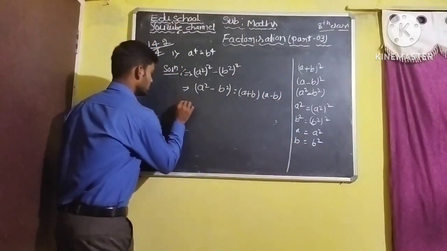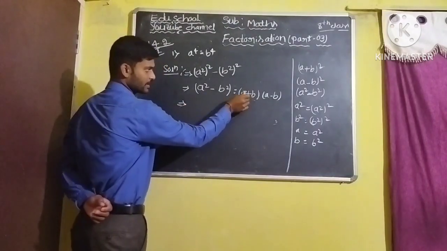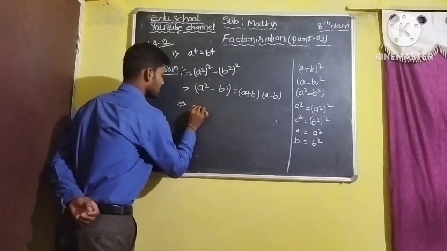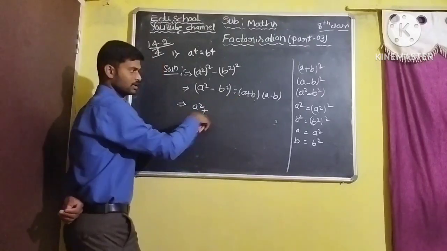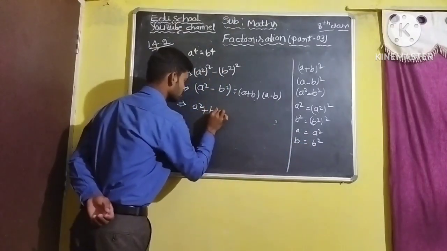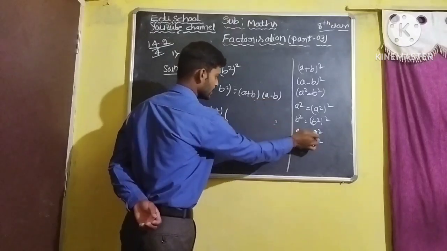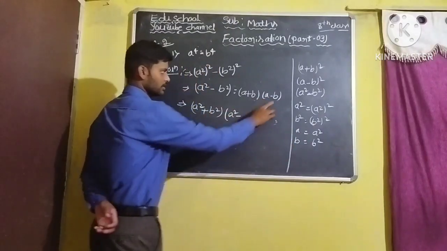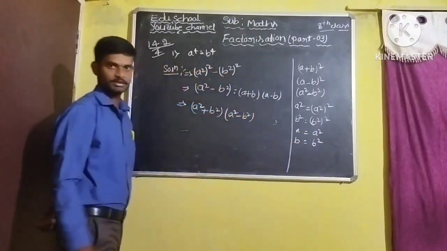So in the place of a I can write a square. So a square plus, I can write plus. In the place of b I can write b square. So into, in case of a I can write a square, minus, I can write minus. In the case of b I can write b square, isn't it?